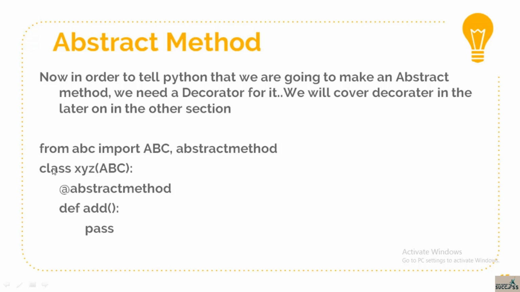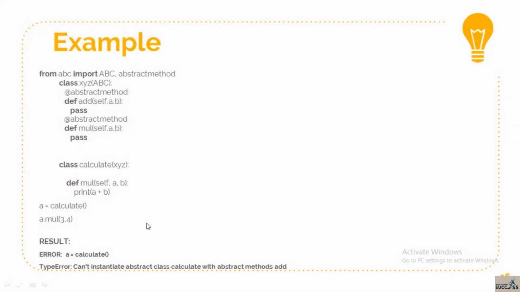So now Python knows that this class is an abstract class, and this class contains one unimplemented method. But in order to tell Python that this method is an abstract method, we need this decorator before the method. So we put this @ symbol and then we type the thing that we have imported from the ABC module. Simple enough.